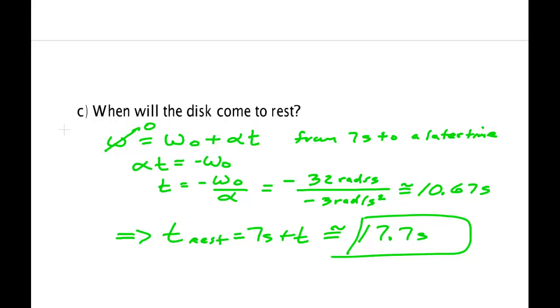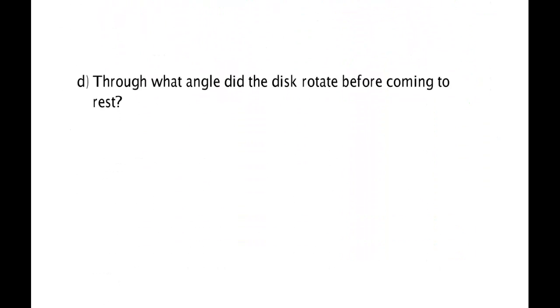Alright, what else can they ask us? Through what angle will the disk rotate before coming to rest? Looking for displacement. Delta theta is area under an angular velocity time graph.